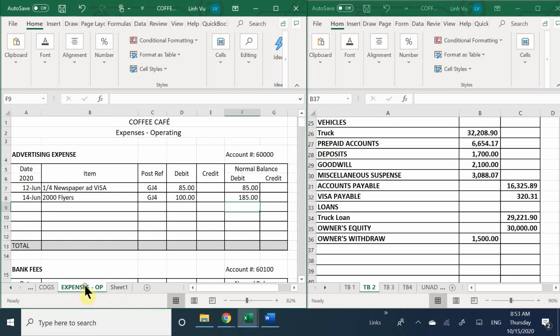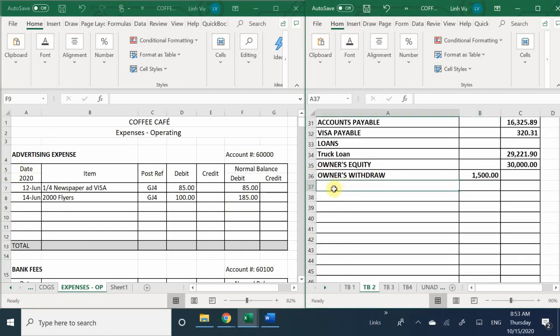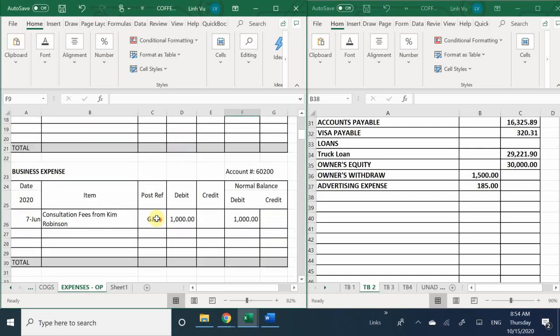Okay. So here for expenses, of course, we've incurred our very first one, which is our advertising expense. Right, and it was a debit account. We have a total of $185 worth of advertising expense. Next one is bank fees. We don't have anything in bank fees.